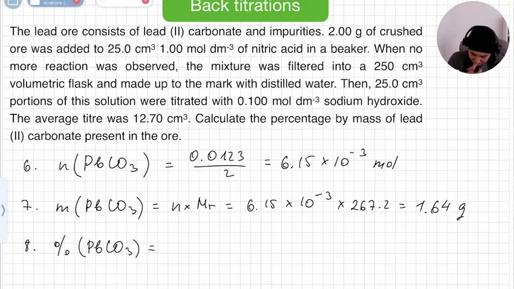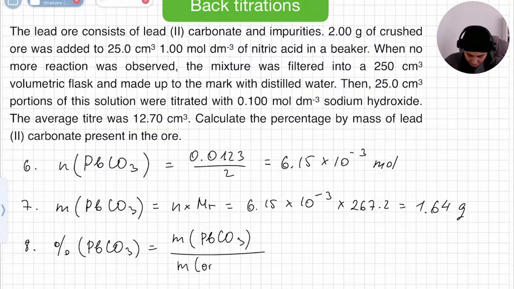And then percentage by mass. So it's the mass of lead carbonate divided by the mass of the ore. Of course here, especially with percentage by mass, you have to do the sanity check. Your percentage by mass cannot be above 100%. And if you get some small number like 0.01% or something like that, then something is wrong. It should be a normal number.